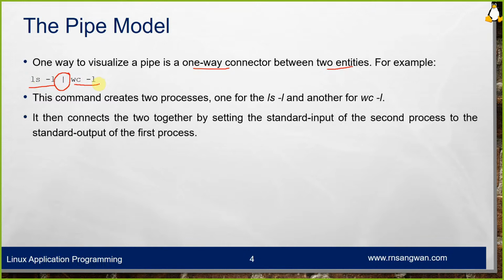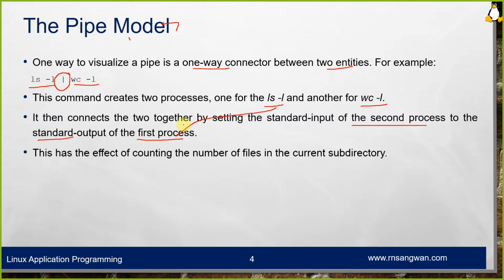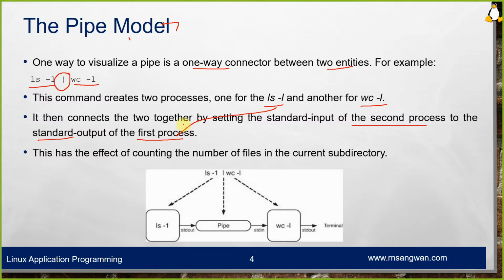It then connects the two together by setting the standard input of the second process, wc -l, to the standard output of the first process, ls -l. This has the effect of counting the number of files in the current subdirectory in this particular case.